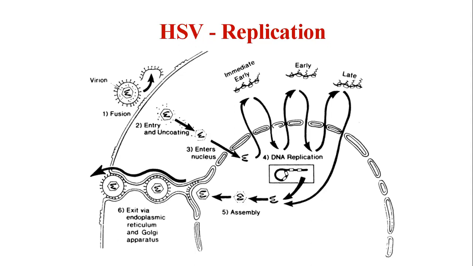When they have synthesized the late protein, then the late protein will come within the nuclear environment, then associate or assemble with the viral DNA, and then fuse with the nuclear membrane.